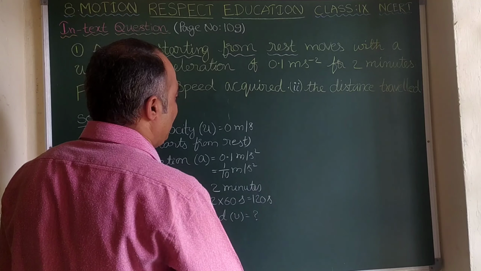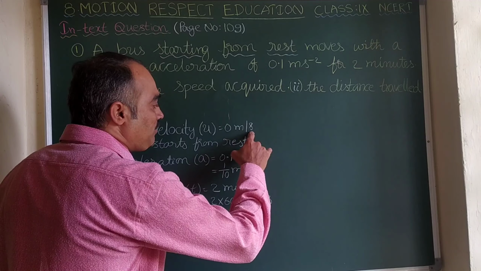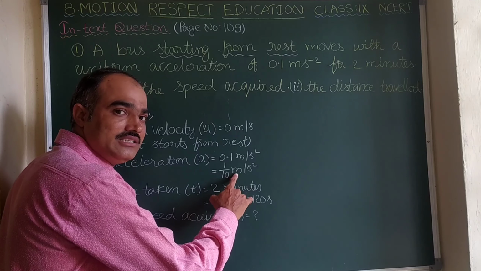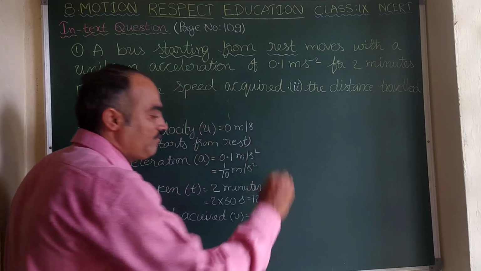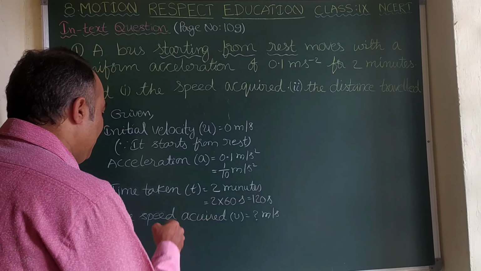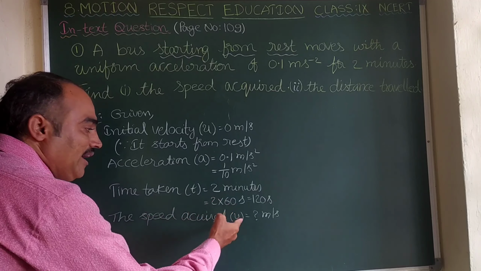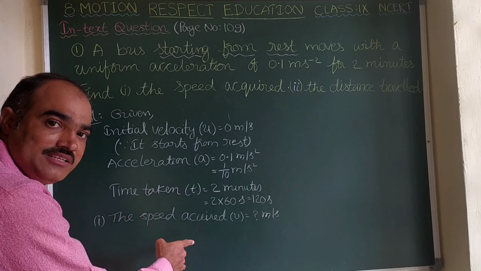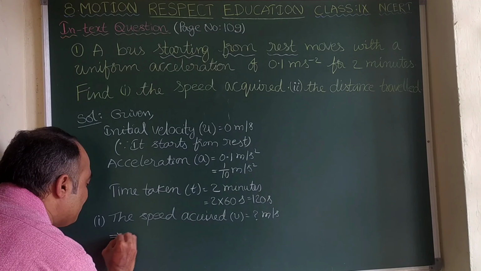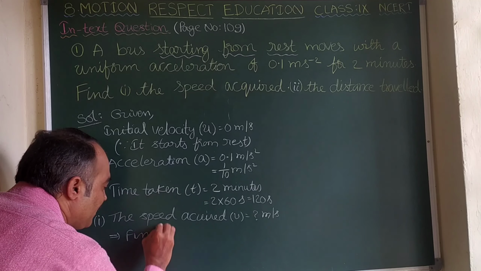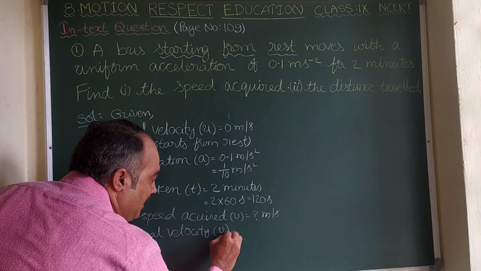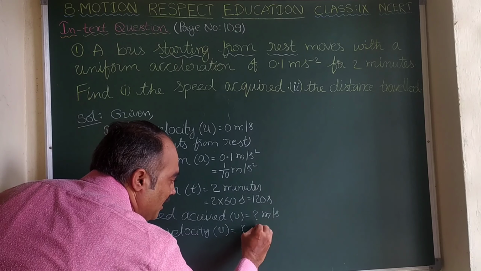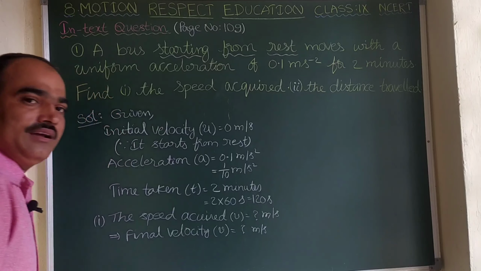Its units will be, since the initial velocity is meter per second, time is in second, acceleration is also meter per second square, the speed also will be in meter per second only. Now here the speed acquired is nothing but its final velocity, denoted by v. This is what, question mark. So meter per second. Right.